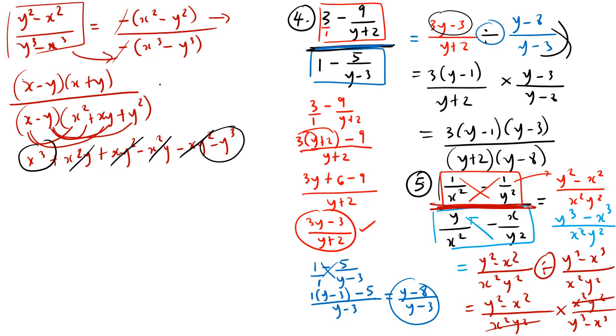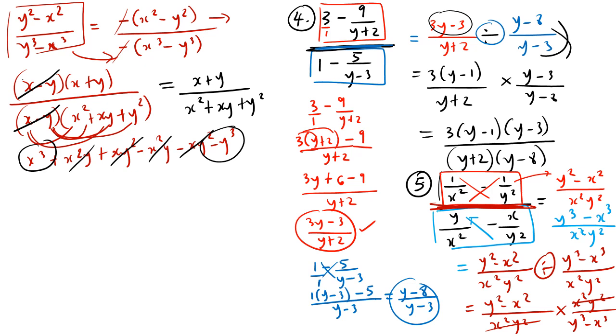Now from that expression, it means that we can actually cross out something. We can cross out this factor and that factor. So we get x plus y over x squared plus xy plus y squared.